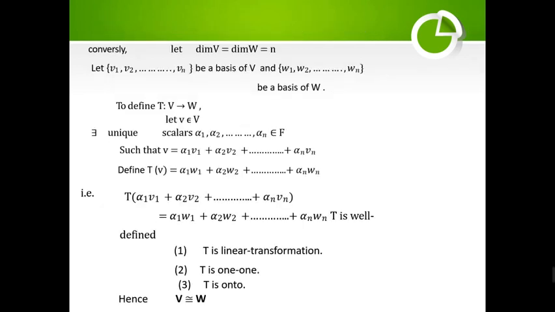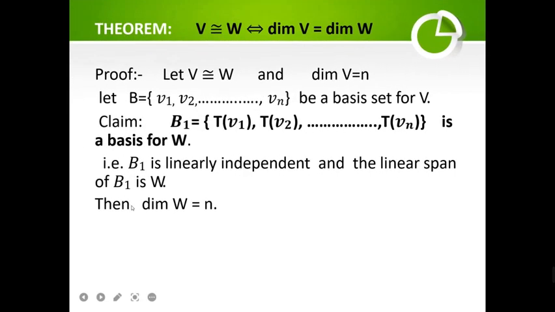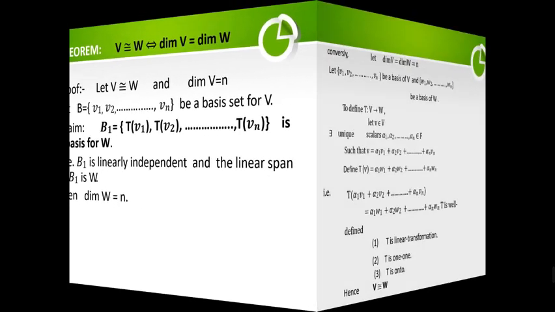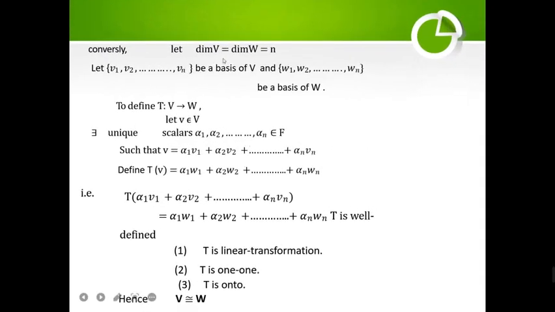Conversely, let the dimension of V be equal to the dimension of W, which is also equal to n, because we already proved that the dimension of W is equal to n from the first part. We have to prove that the dimension of V is equal to the dimension of W and also equal to n.